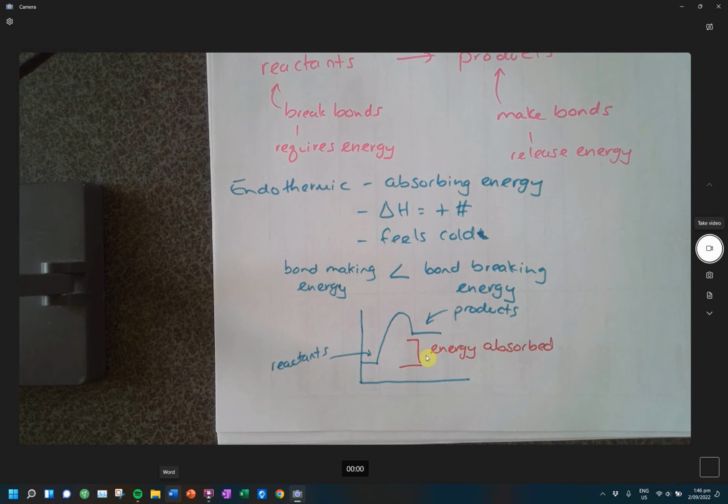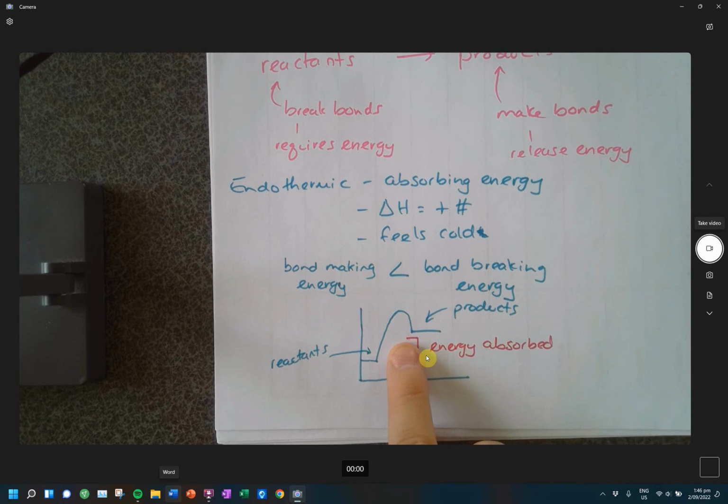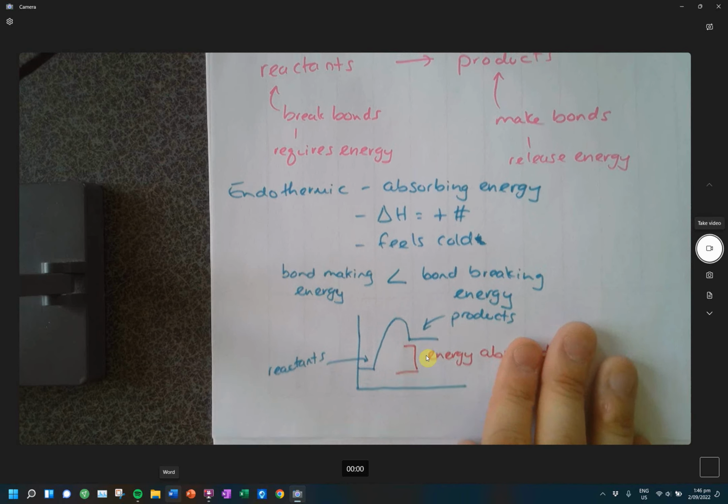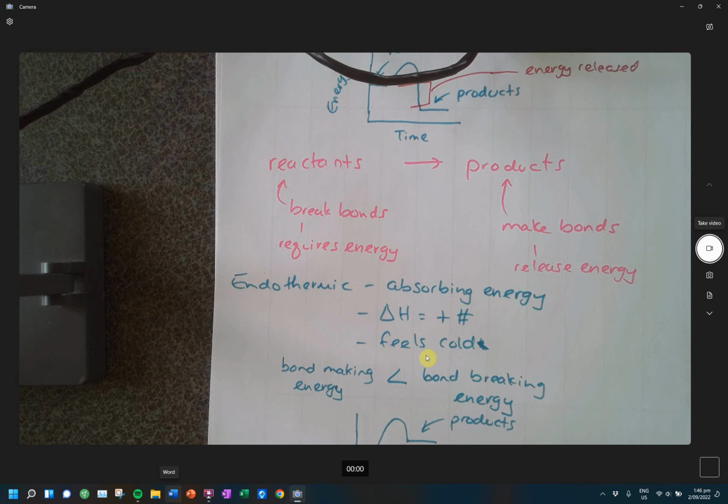Do you guys remember about catalysts? You talk about them in bio. So what would a catalyst do in this context, do you know? In both contexts, I should say. It speeds up the reaction, but why does it do that? Yeah, it lowers the activation energy.